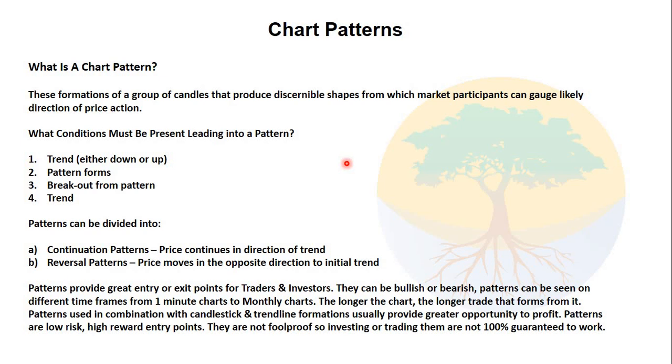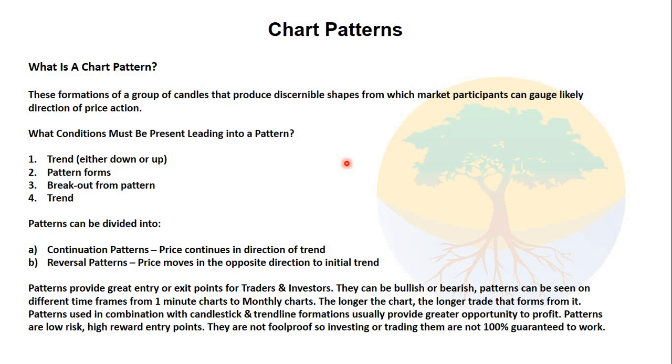And then you need to consider the conditions that must be present leading into a pattern, like candlestick trading formations that we did previously. It's not about finding the chart pattern, but finding it in the right place. So in other words, there must be a trend before you consider a pattern. If it's not appearing in a right trend, then you need to ignore it.